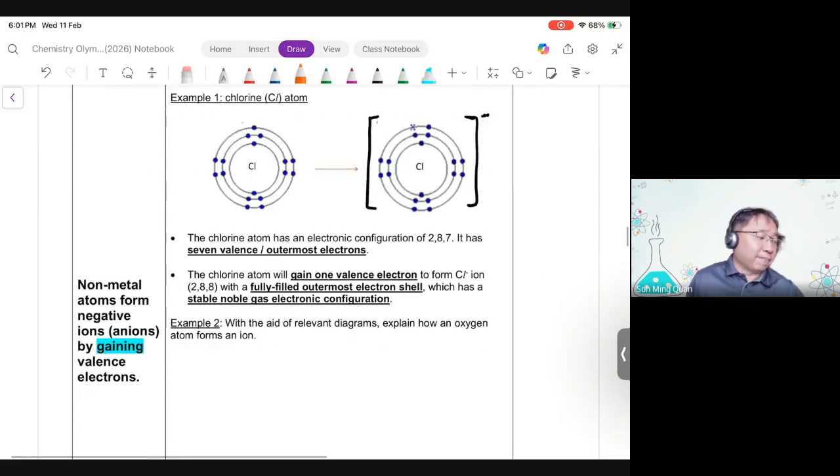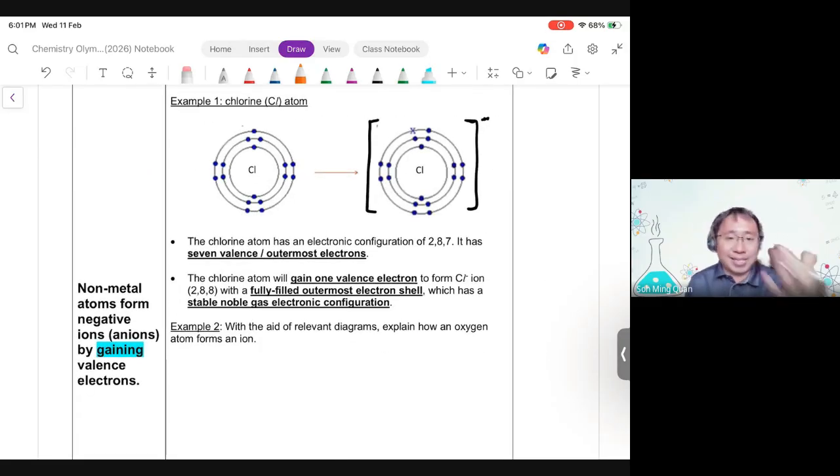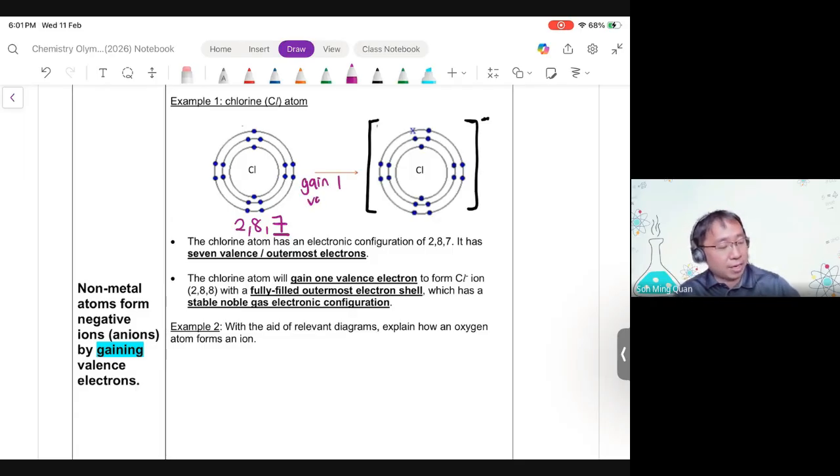On the other hand, non-metals such as chlorine. Chlorine has an electronic configuration that is 2,8,7 in its atom. Because it's 2,8,7, clearly the outermost shell is not yet fully filled. So what can chlorine do? Chlorine will have to gain one valence electron, right?